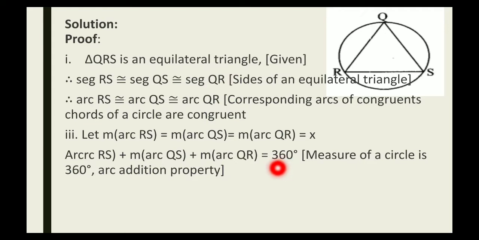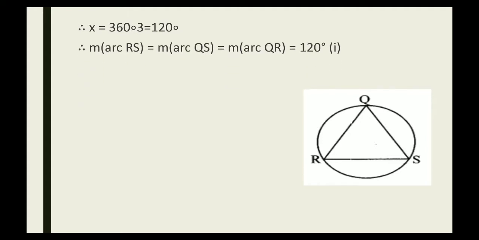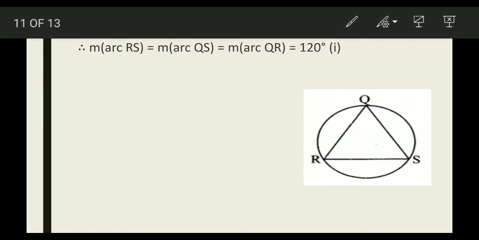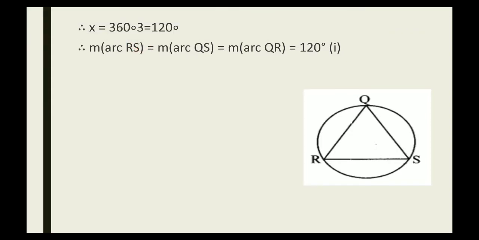The measure of a circle is 360, as well as the arc addition property, x plus x plus x is equal to 360. Therefore 3x is equal to 360. Therefore x is equal to 360 divided by 3. Okay, make a correction of it.